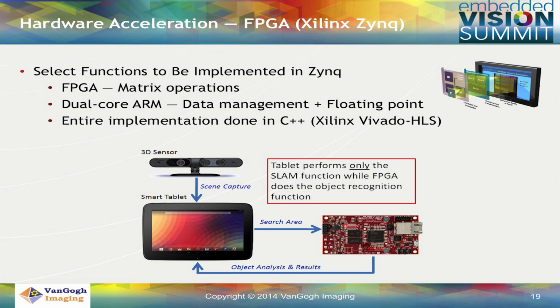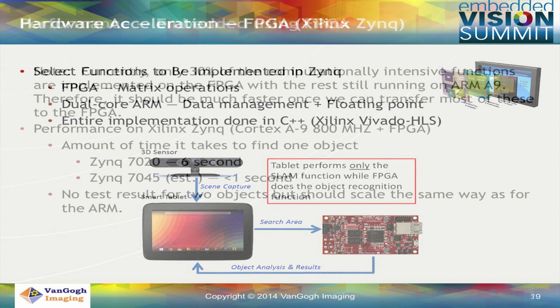So we think it's a perfect platform for most embedded applications. We implemented this entire function on the Zynq, amazingly, just using C++, which amazed me because I used FPGAs 30 years ago and I hated it. But now it was a really good experience.